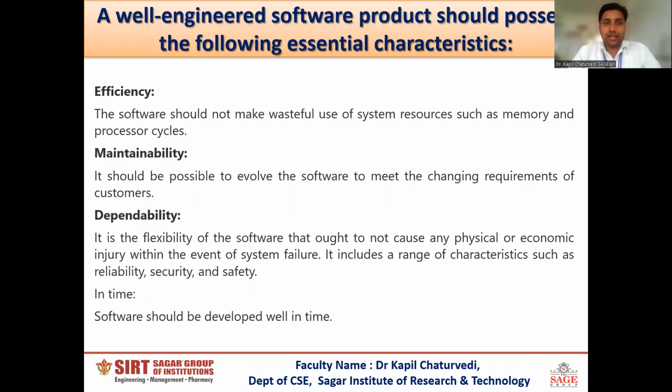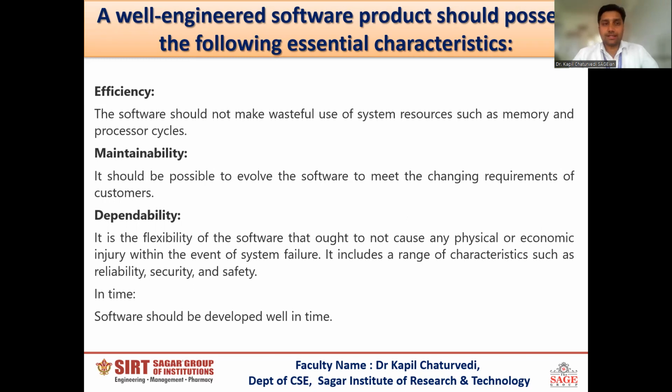A well-engineered software product should possess the following essential characteristics. The software should be efficient. So what is the meaning of efficient? Just read that. The software should not make wasteful use of system resources such as memory and processor cycles.